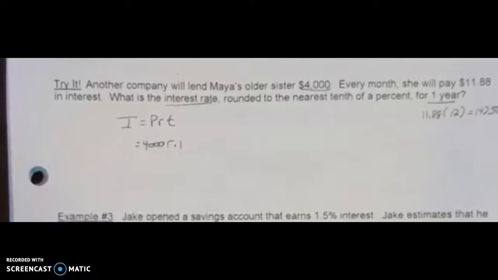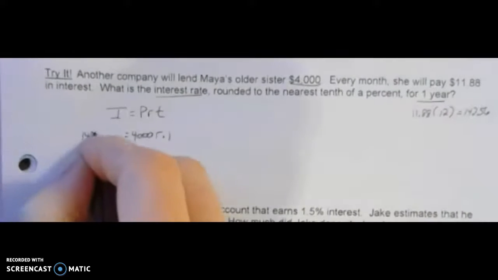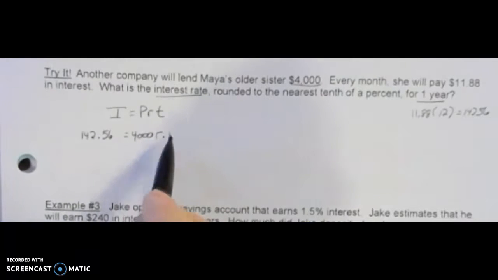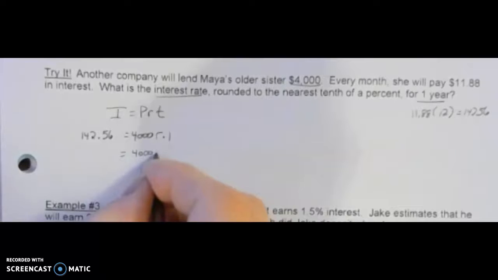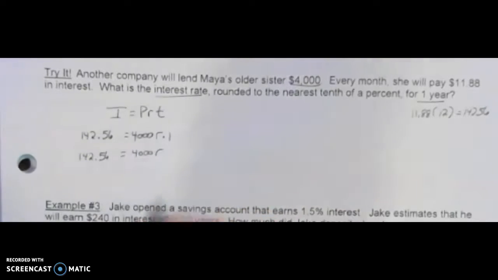So this time our value of I, 142.56, equals 4,000 times R times 1. 4,000 times 1 is just 4,000, so we have 4,000 R on the right, 142.56 on the left. And to get R this time, we're going to divide by 4,000 on each side.